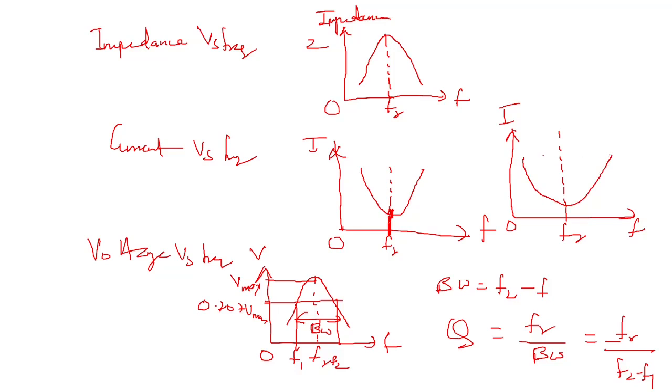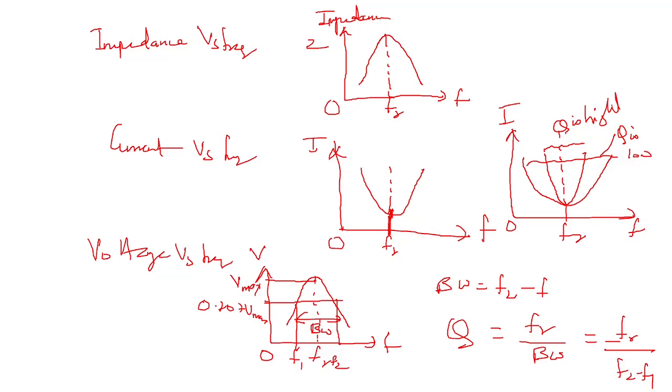If your Q is high, then the graph is narrower. So here the Q is high, and for this the Q is low. So quality factor tells you whether the graph is narrower or wider with respect to the resonant frequency.